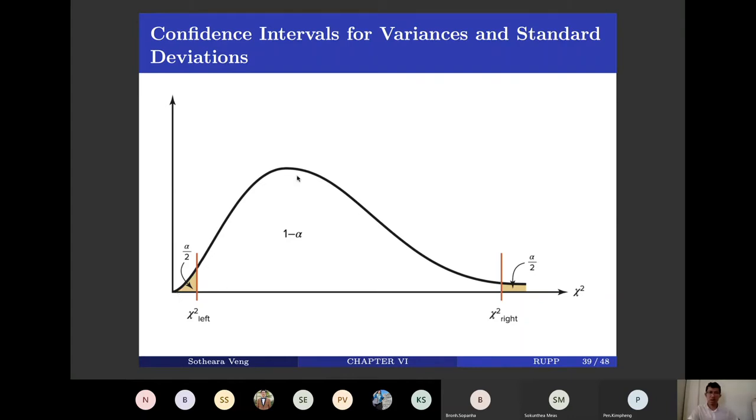This is one example of the chi-square curve, and then you also have to work with the critical value, right? You come up with a critical value. You may say chi-square right corresponds to a value like this, right? This means that this is the point at which the area under the curve to the right is alpha over 2. And this is the left when you think of the area to the left.